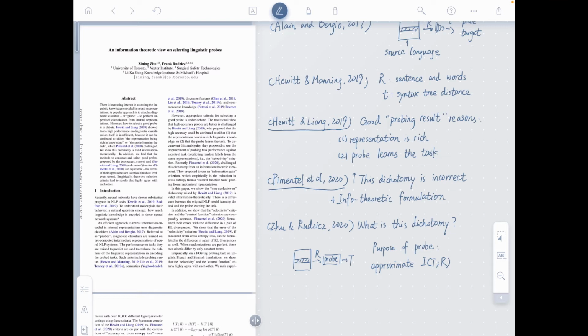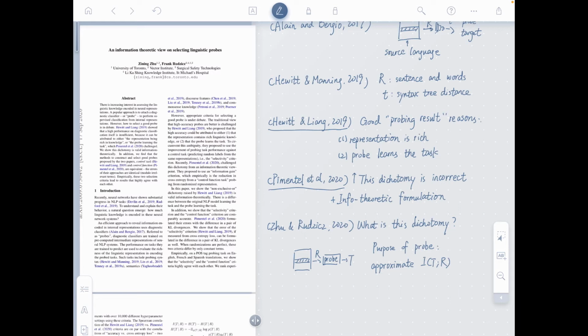And they showed that the error of their controlling mechanism can be represented by the difference of a pair of KL divergences. We'll cover that later. In this paper, we follow Pimentel's information theoretic formulation, but we show that the Hewitt-Liang dichotomy is correct information theoretically.